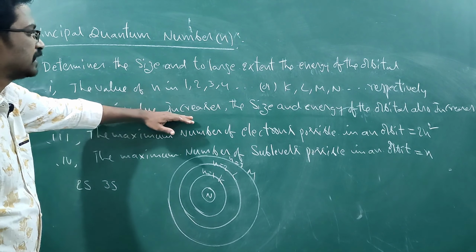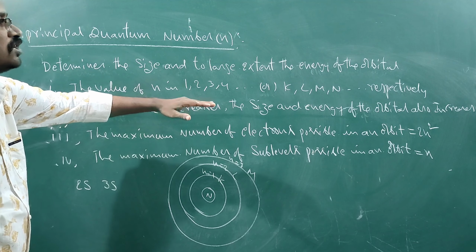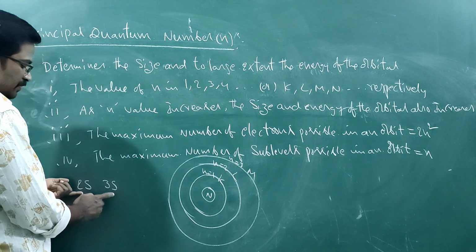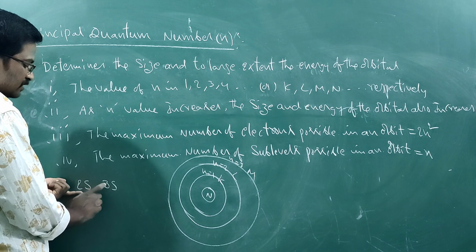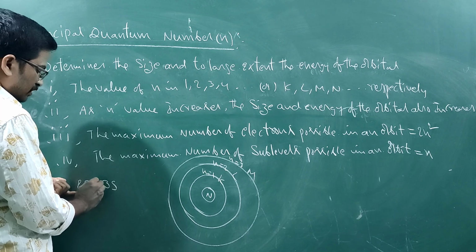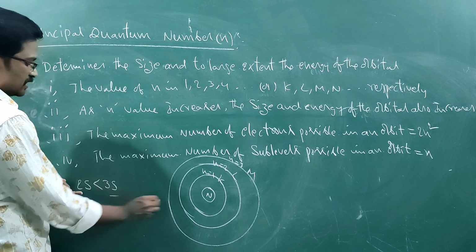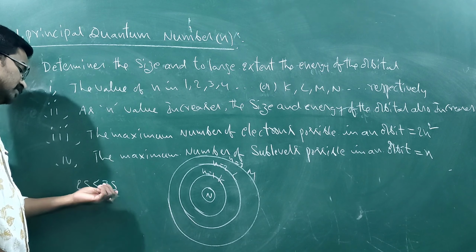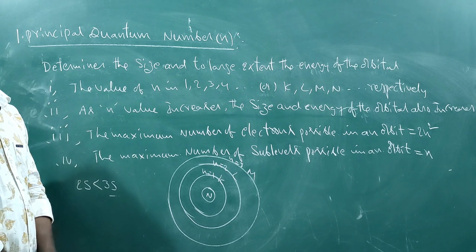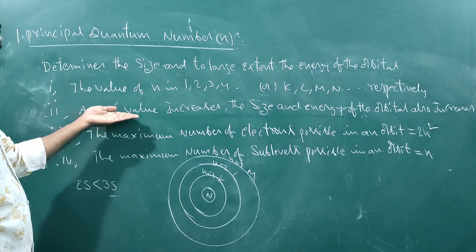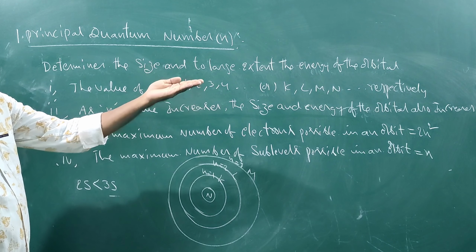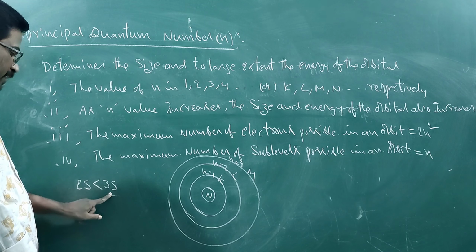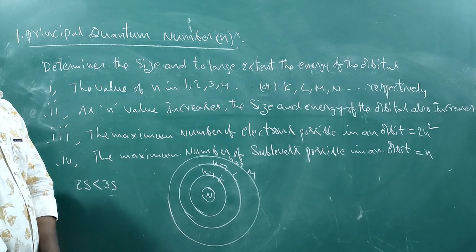As n value increases, the size of the 3s orbital is bigger and the energy of the 3s orbital is also greater than 2s. Like that, as n increases, size and energy of the orbital also increase.